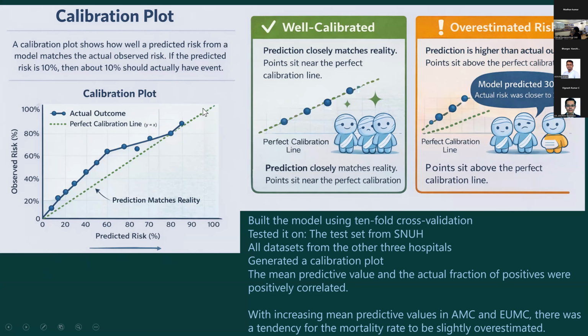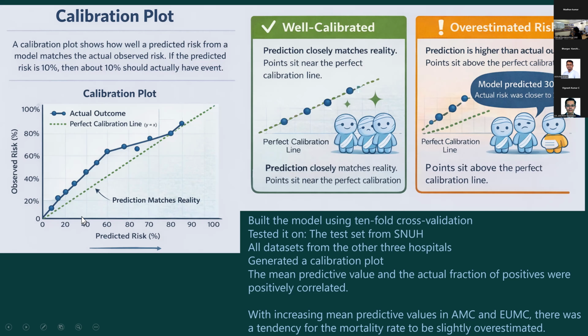This happens when the prediction matches the reality. So for example, if the actual risk is somewhere around 40%, the model is predicting something close to 38.